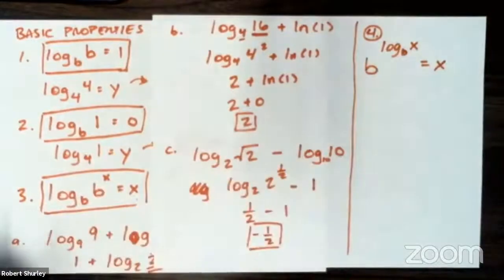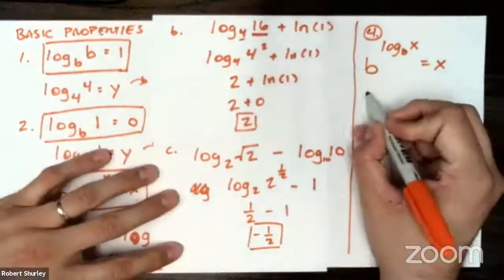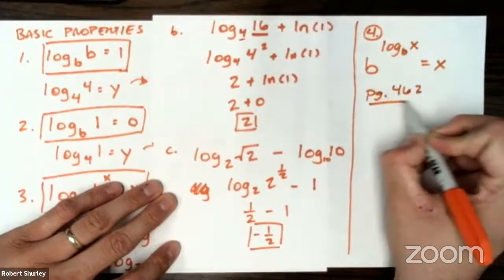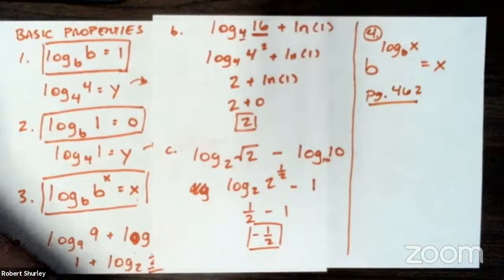And you'll see these on page 462 at the very bottom. It puts them together with the log base 10 for some reason. But if you look at page 462, at the bottom, it puts these all together.